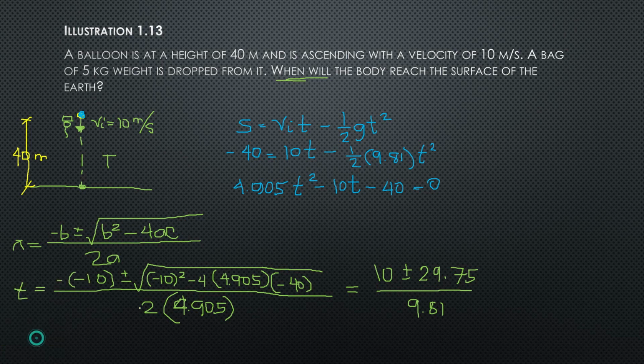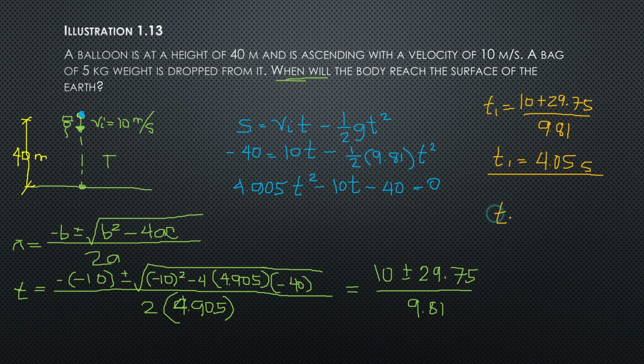Let's say time 1, take positive, so plus. So that is 10 plus 29.75 all over 9.81. So the value of time 1 will be equal to 4.05 seconds.